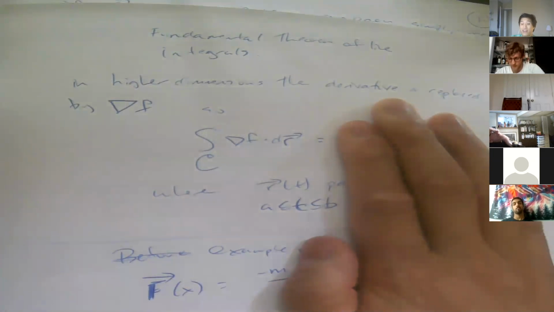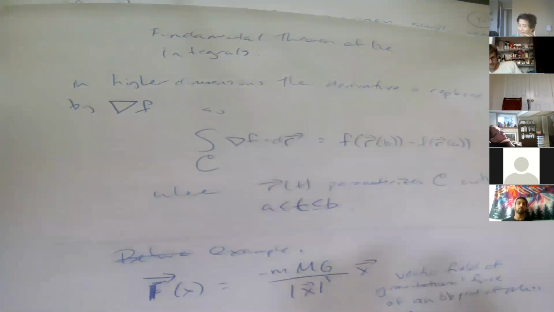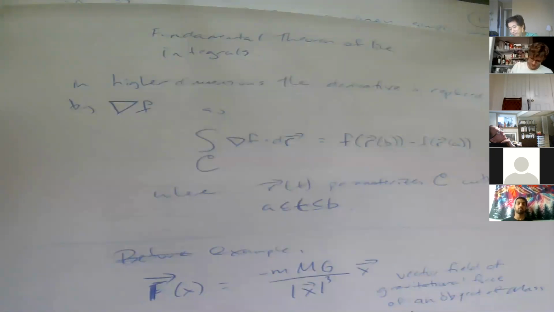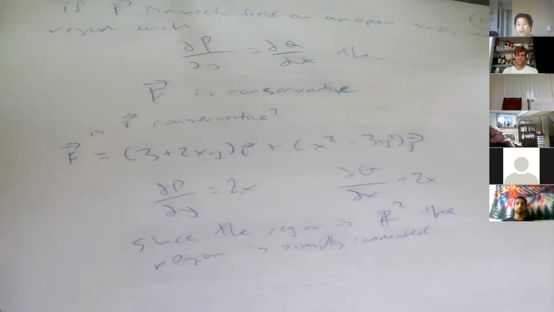I know it is conservative. What is its anti-gradient, I guess? We should probably think of a better term for that. I don't know why we haven't come up with a word for that. So if we know it's conservative, we can check very easily with this theorem. How do we find the function that it is the gradient of?